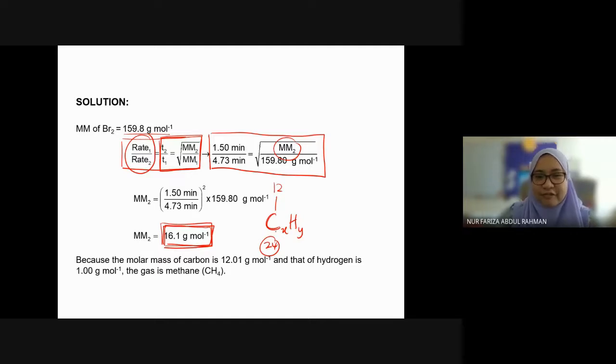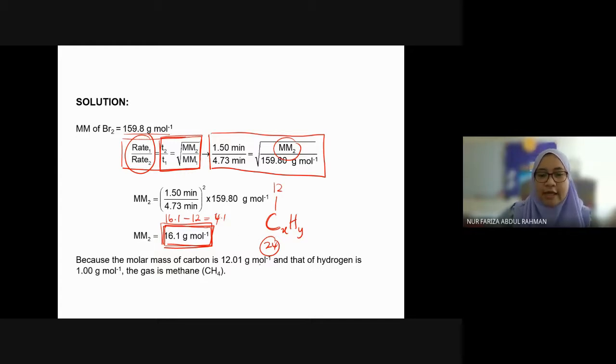Alright, so the gas has carbon and hydrogen. If there's only one carbon, the rest will be all hydrogen. So 16.1 minus 12, we get 4.1. Hydrogen is 1 gram, so 4 gram means we have 4 hydrogen atoms attached to the carbon.